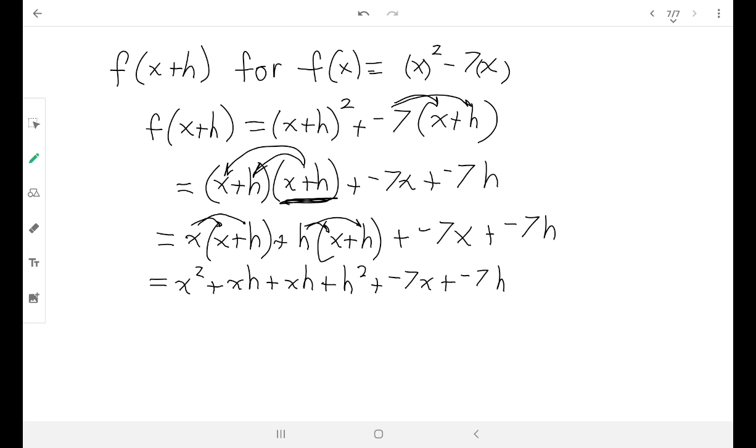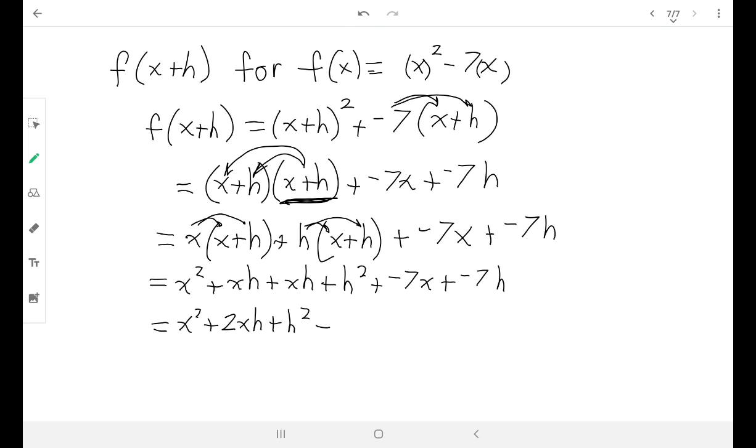Those aren't changing at this point, or actually we're going to see that those will never change. So x squared, and now look at this. I've got an x plus h and another x plus h being added together. That means there are two of them. So xh plus xh is 2xh, plus that h squared plus negative 7x.